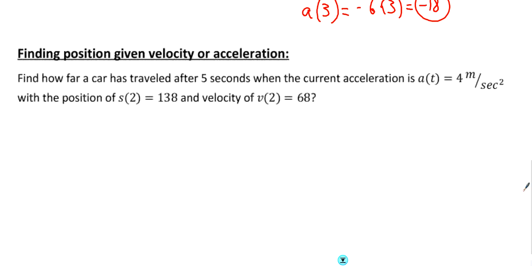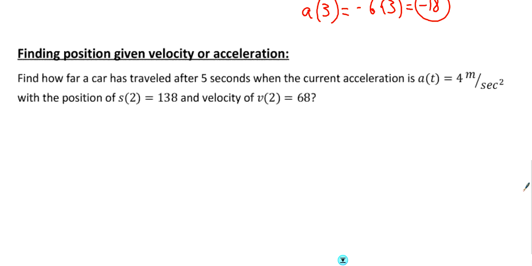Okay, so how far a car has traveled after 5 seconds when the current acceleration is 4 meters per second squared with a position of s of 2 equals 138 and a velocity at 2 being 68. Okay, so we need to know what its distance is at 5 seconds, but I don't have the distance equation, do I?